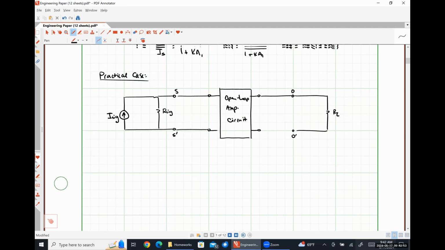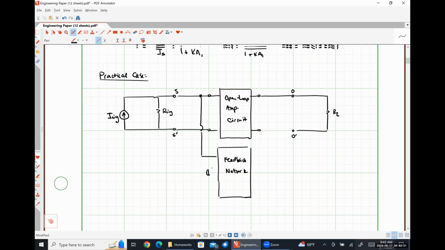So I put my feedback network down here. And this side is connected in parallel.